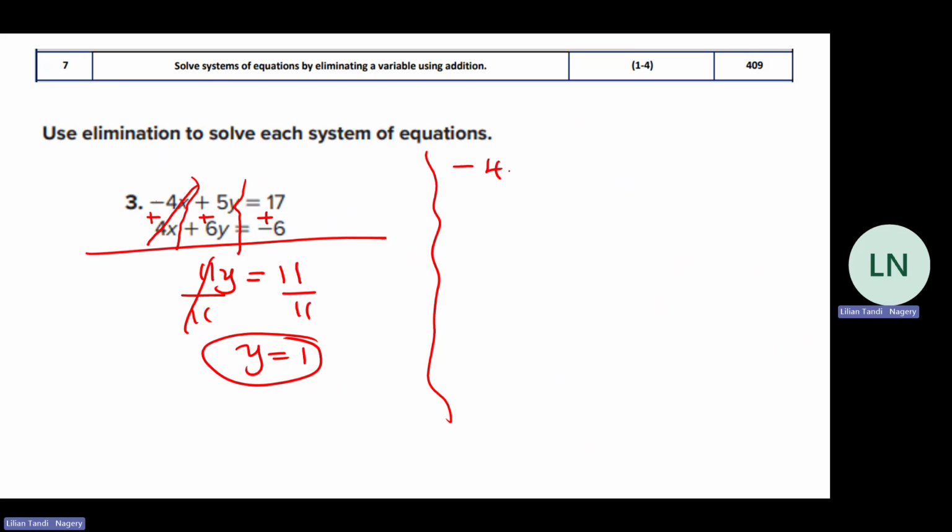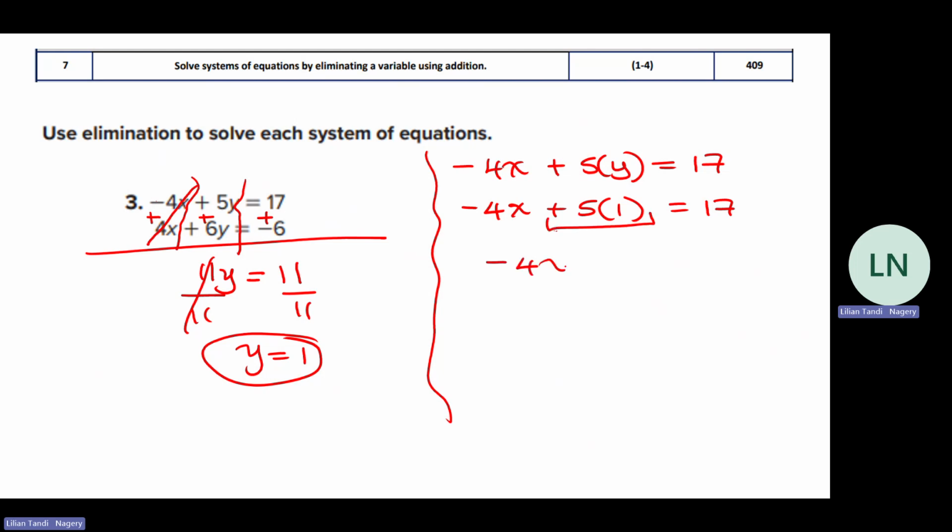So negative 4x plus 5y equals 17. Negative 4x plus 5 in parentheses 1 equals 17. I will solve this. Negative 4x plus 5 is 17.